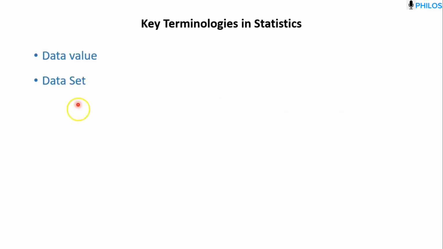Okay. Then the next one is variable. Variable is a characteristic that is being measured or that is being observed. You can also say it is a characteristic that can assume different values. For example, type of lunch. You want to know the type of lunch, right? So you don't expect all of them to have the same type of lunch.